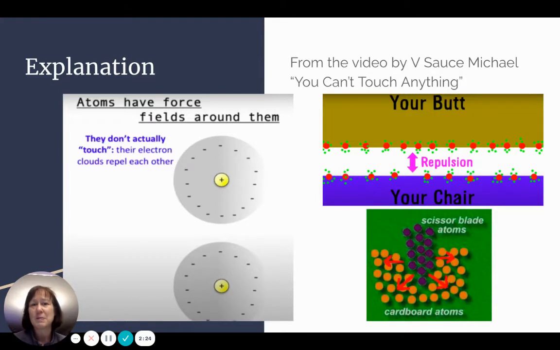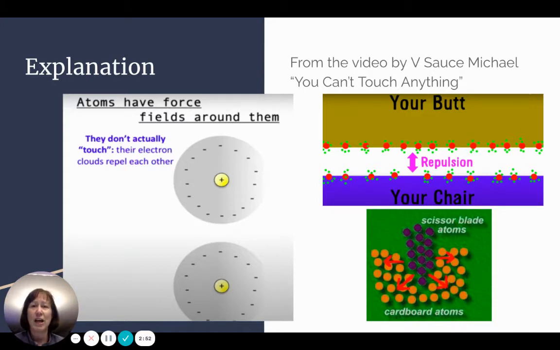And so our explanation for this was in the video by Veritasium, "You Can't Touch Anything." And so he showed a couple of diagrams, which I've repeated here. And so it stems from this idea that all matter, and so us, the spring, the table, we are all comprised of atoms. And atoms have electrons on their outer surface, and electrons are all negatively charged, and they all repel each other.